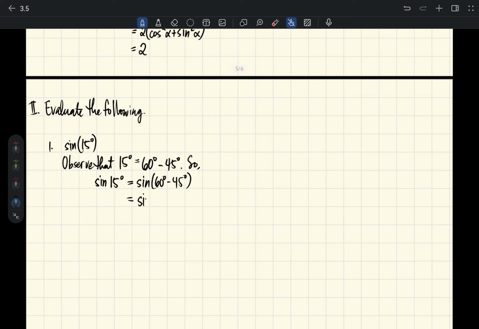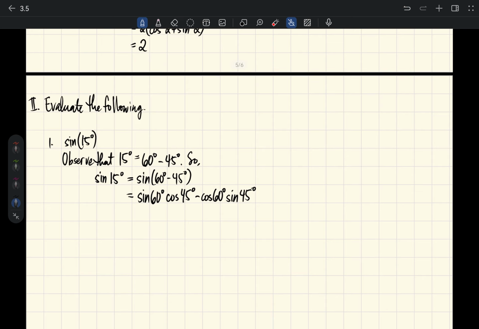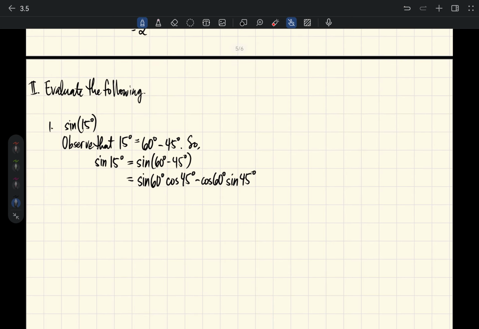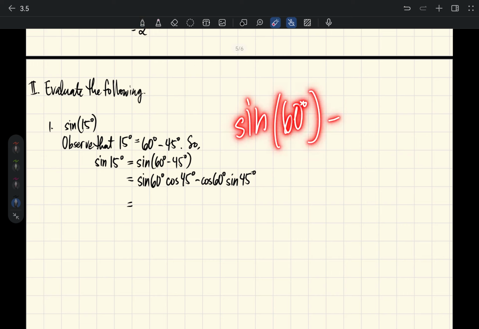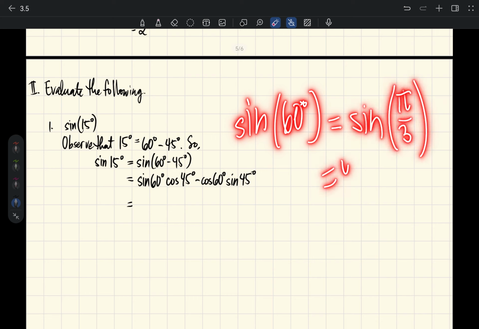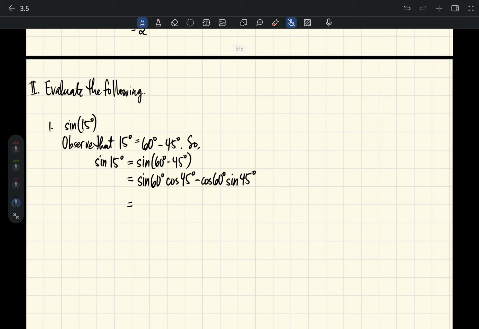That's just sine 60 cosine 45 minus cosine 60 sine of 45. Then simplifying, we have sine of 60 degrees, that's just the same as sine of pi over 3, which is square root of 3 over 2.